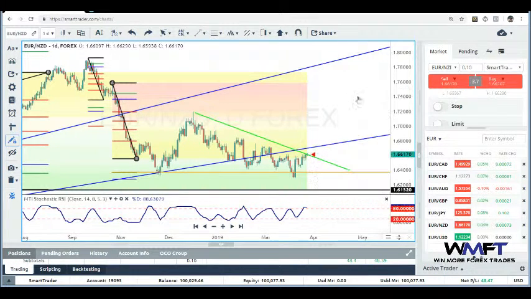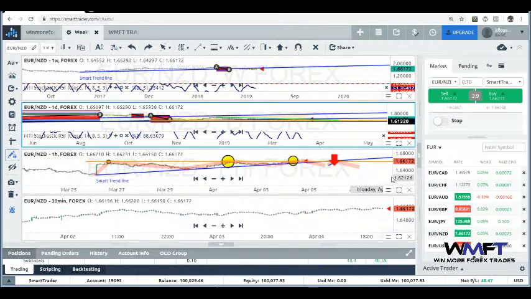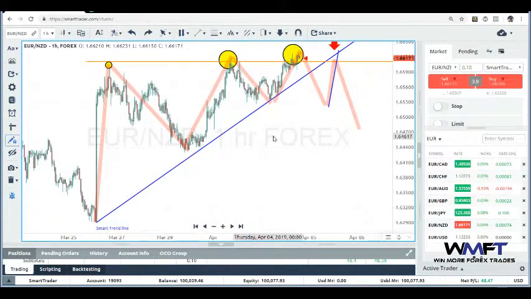With 260 some pips away, that is a nice sell trade opportunity coming up. Stochastic looks like it's already trying to start reversing here, hitting the flat zone, then overbought. So just keep a close eye on it, and that's what we're looking for. That would be the signal for us to start selling this market. So that's EurNzd.